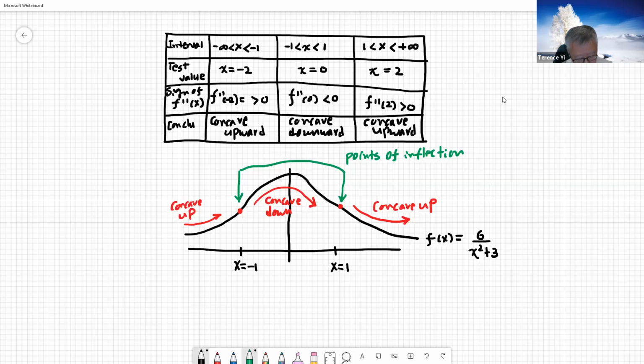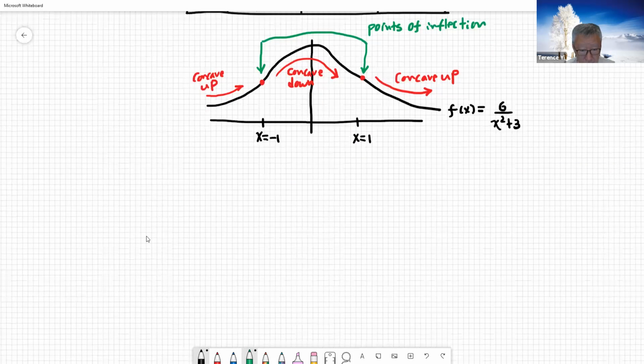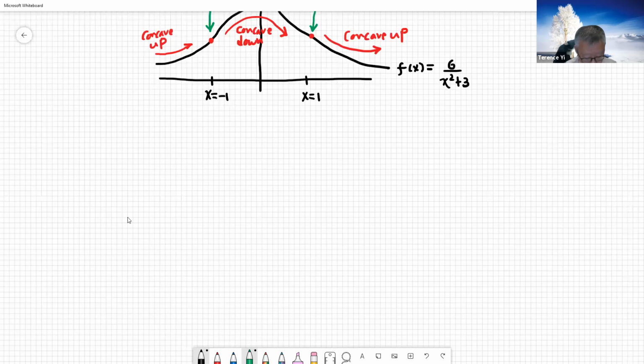The second derivative test is the one that we want to look at next. So we want to find the relative extrema, and we're going to use the second derivative test.